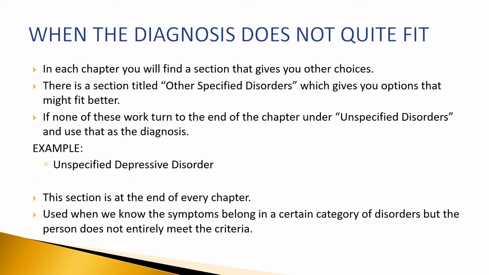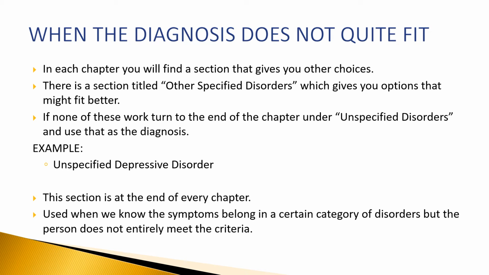Sometimes when the diagnosis and the various criteria do not quite fit, you may see a diagnosis that says other specified disorders. So be sure to look at that, which gives you options which might fit better. However, if none of the criteria seem to fit, we might use the term unspecified disorders.